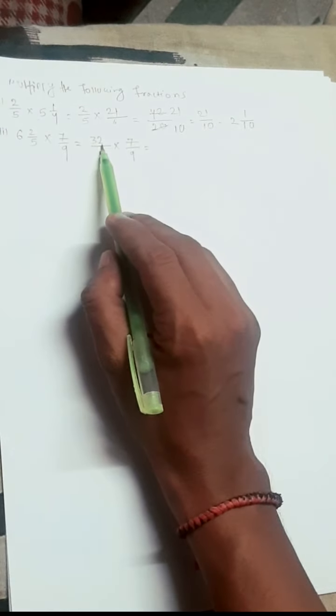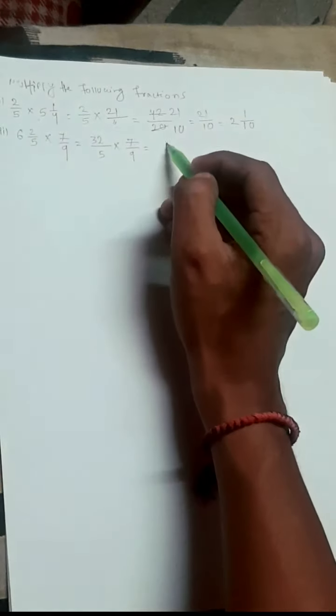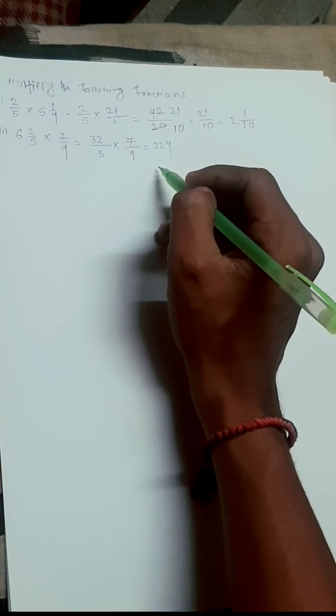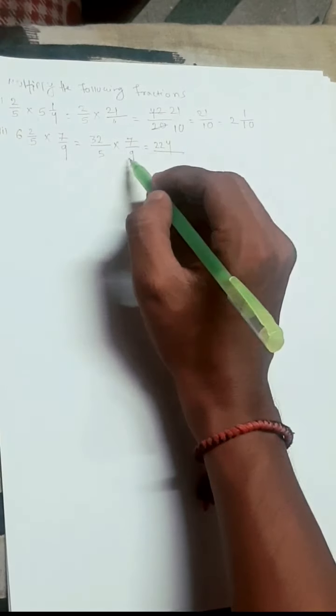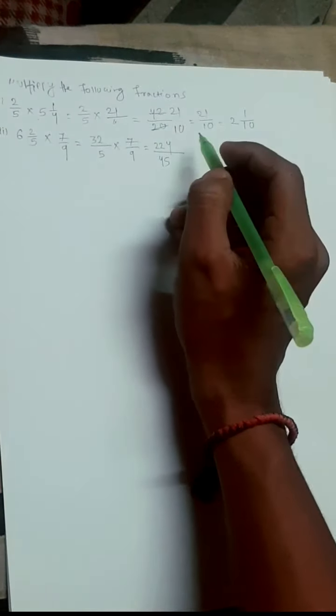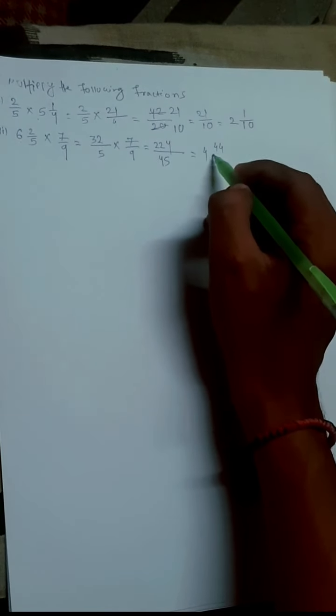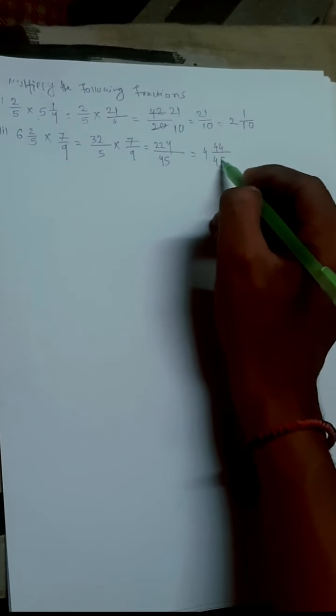Now multiply both the numerators. 224 upon 5 times 9 is 45. It will become 4 whole 44 upon 45.